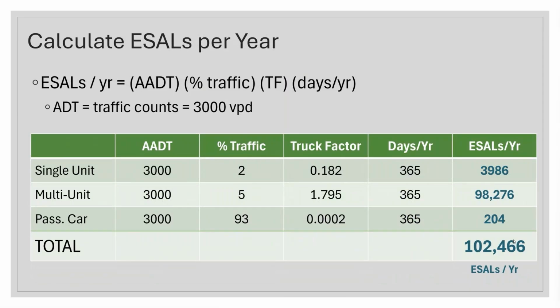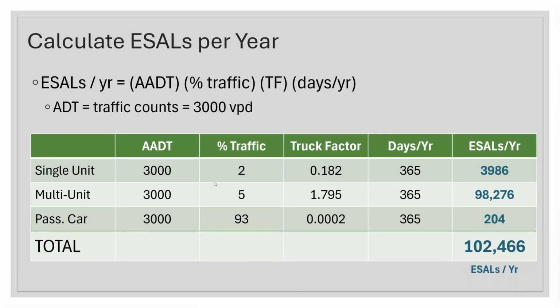All right. Now let's calculate ESALs per year. So we take the average annual daily traffic, we multiply that by the percent traffic, and this is broken down by the different types of vehicles, and then we also multiply that by its truck factor. So for single unit trucks, we calculated on the last slide, that truck factor of 0.182.